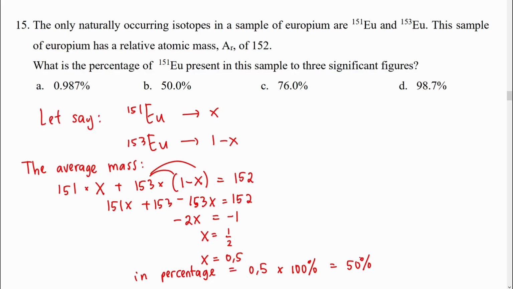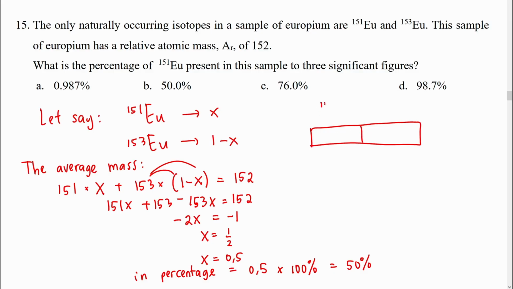So let's check if this answer makes sense. The average of europium is 152. It is exactly halfway between 151 and 153. So if the average is exactly the midpoint, then the two isotopes must be present in equal amounts, which is 50%. So if I draw it, it's going to be like this.